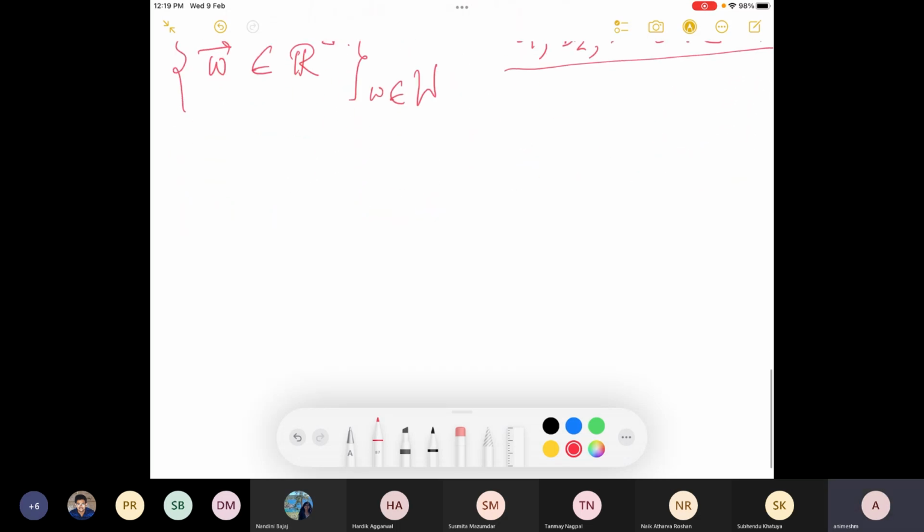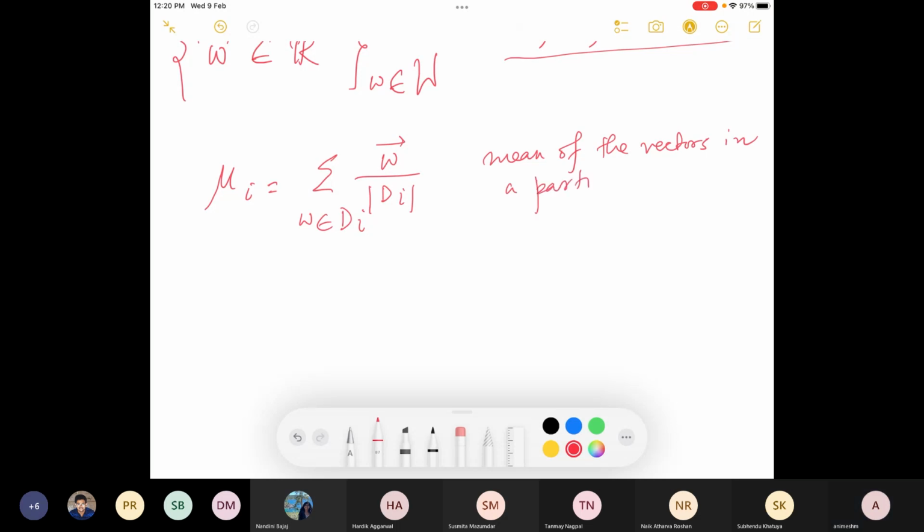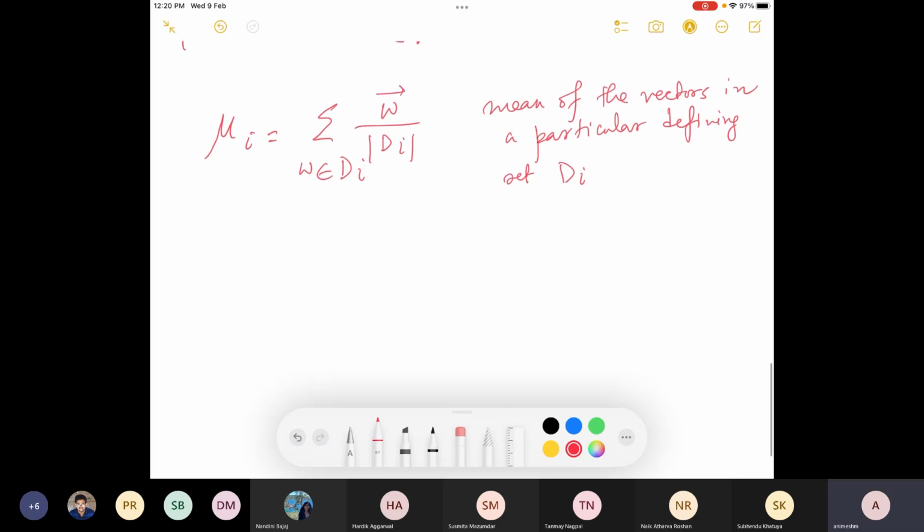So these are the gender defining sets. Mu_i, as I have already defined, is the mean of the vectors in a particular defining set D_i. Okay.